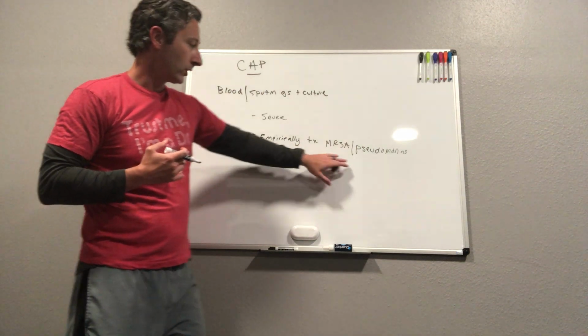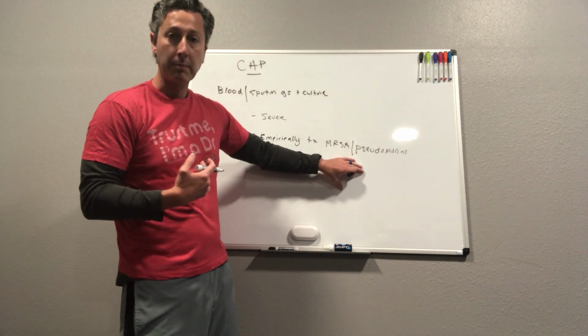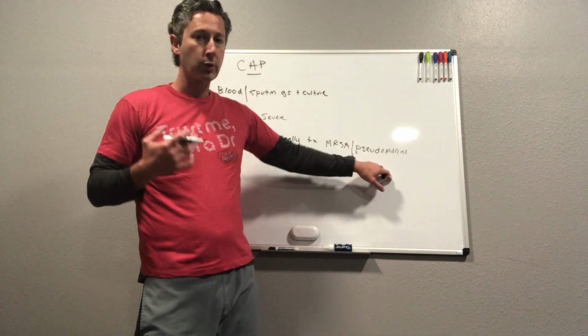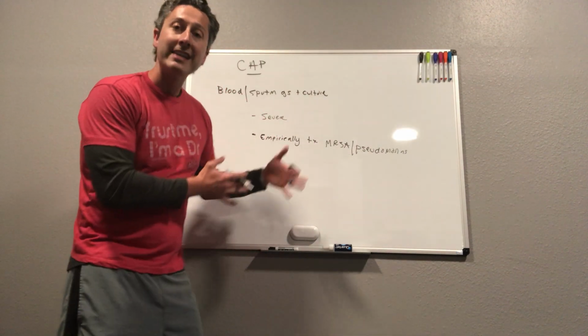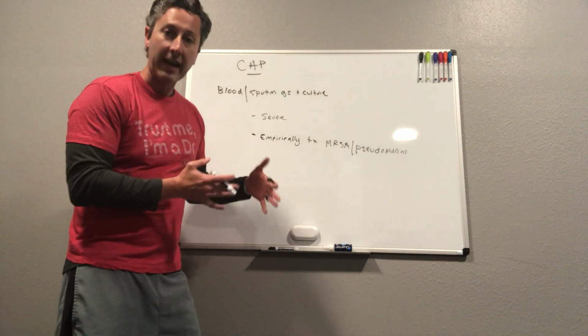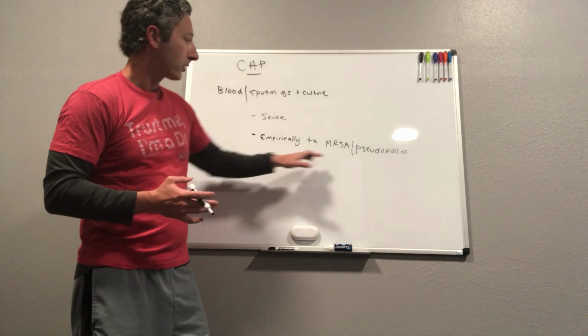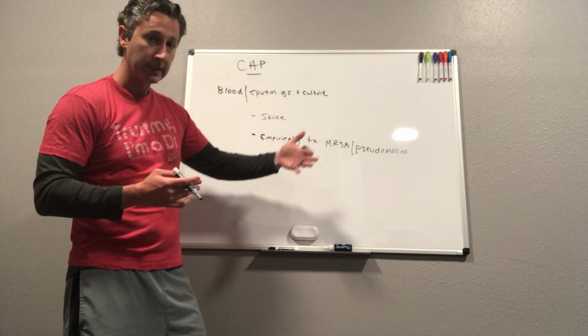And what this really is because I want to be able to narrow. If I'm empirically treating with something big and broad like vancomycin, or if I'm using Pseudomonas coverage with something like piperacillin tazobactam or cefepime, I want to be able to narrow that at 48 hours, and I can't if I'm not culturing these things, okay?